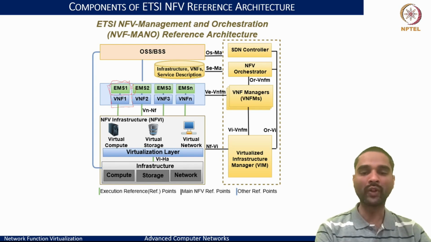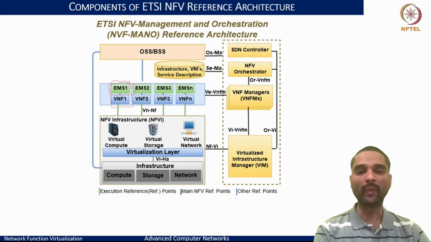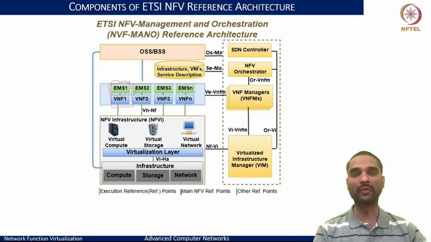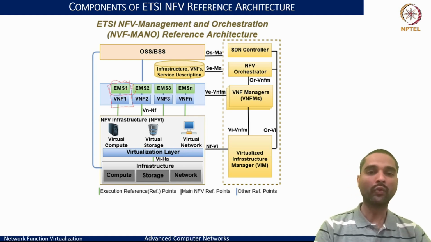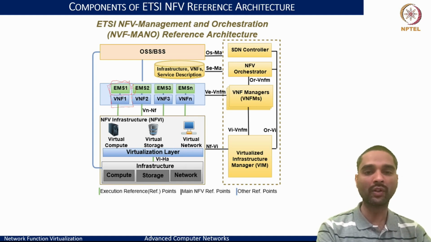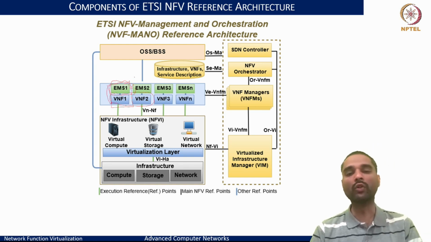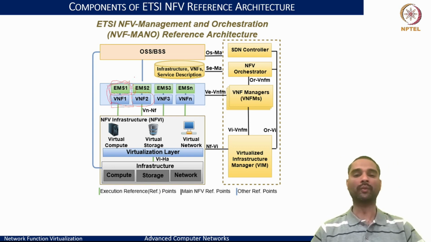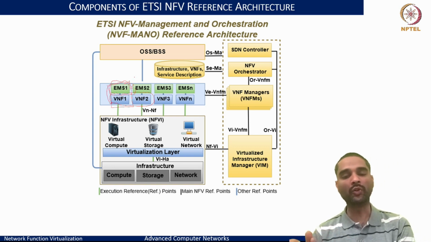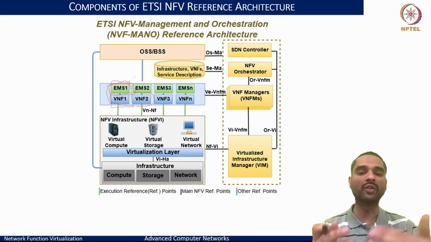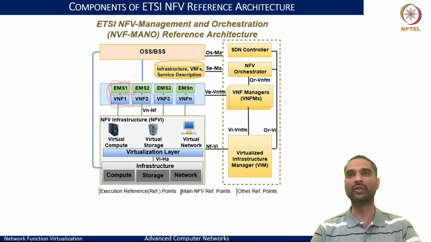Although in this figure, what we have shown is that there is one-to-one mapping for element management system to the VNFs, but this is not necessarily true. We may have a single EMS which is able to be managing multiple of the VNFs. So one-to-many is possible in terms of multiple virtual network functions being managed by a single EMS instance.